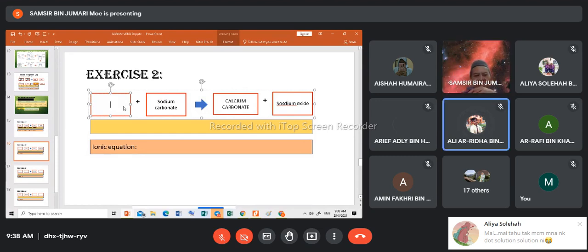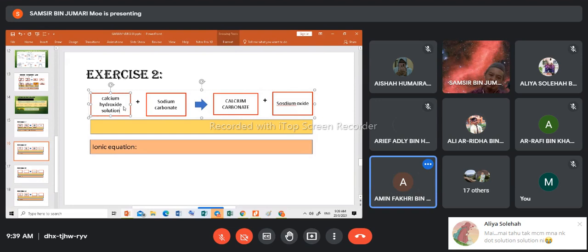Calcium hydroxide. Is calcium hydroxide solution soluble or not?